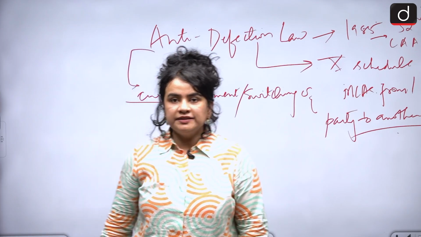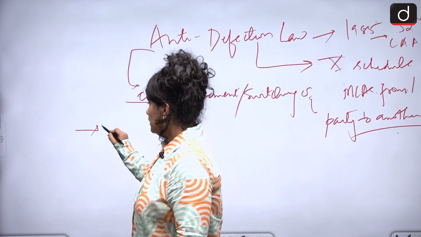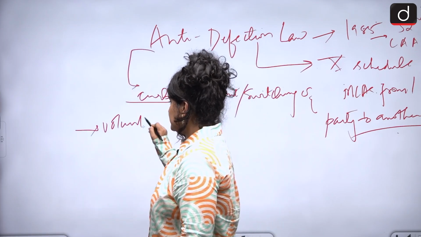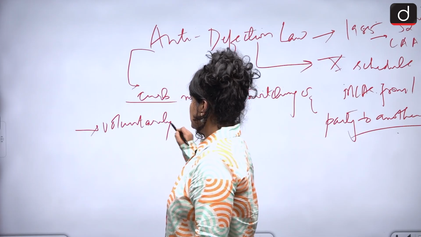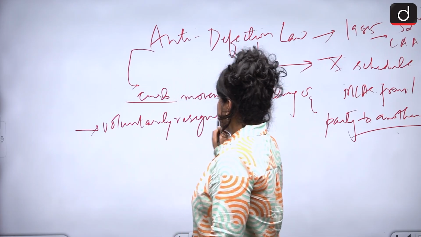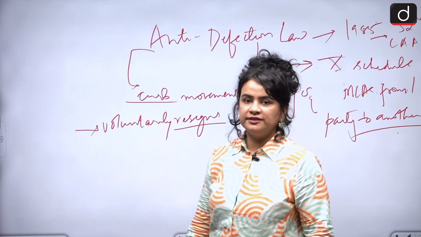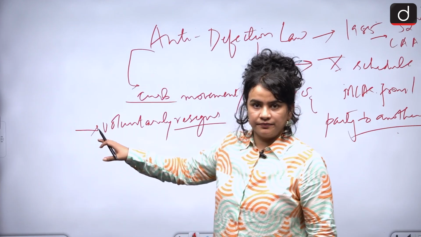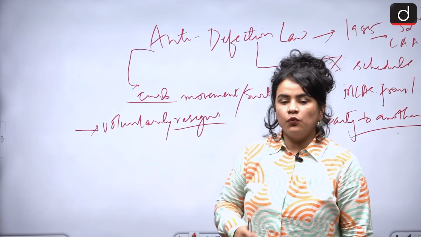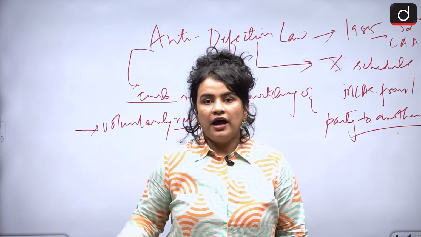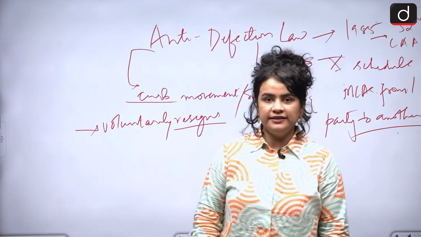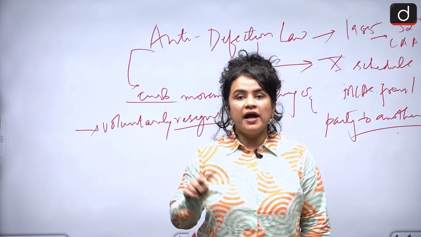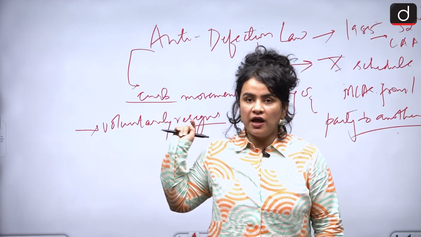So, if a person voluntarily resigns from the party, suppose there is an MLA who has been elected to the legislative assembly, and that person voluntarily resigns. How can a person resign? Either by saying that I'm resigning from the party, or by openly defying the command of the party.